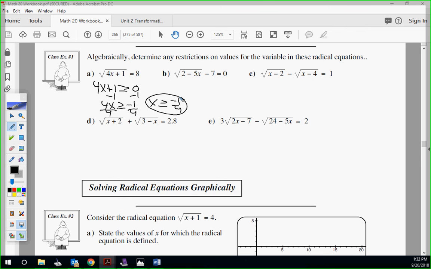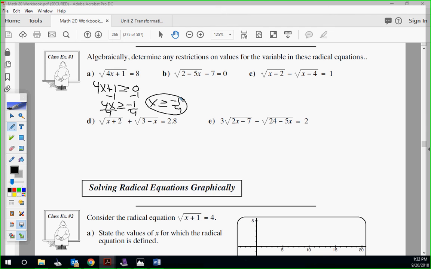Now, 2 minus 5x, what's going to happen to this one? The negative 7's irrelevant. Good job. You have to flip. Why am I going to have to flip?